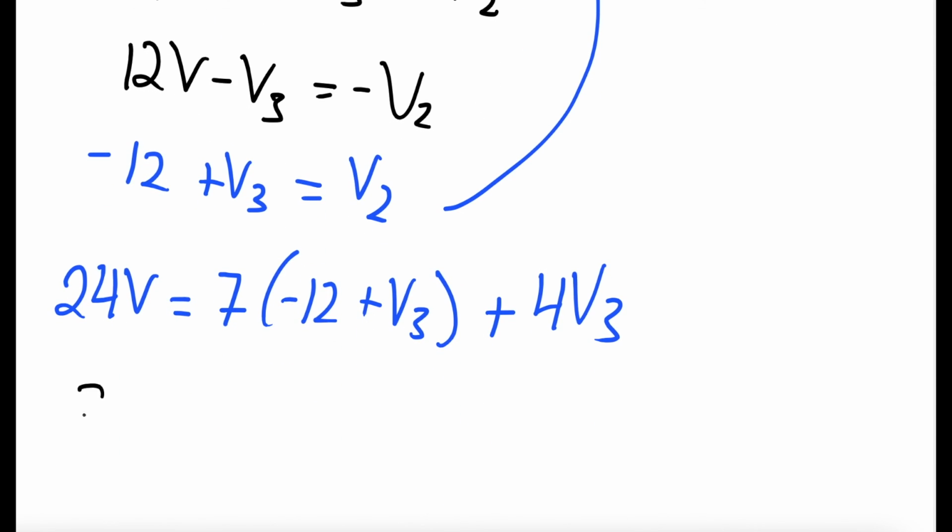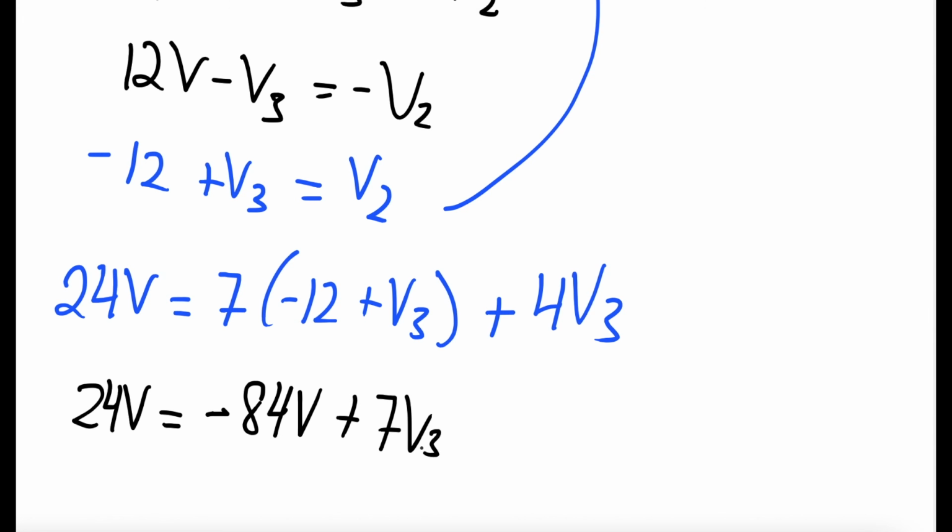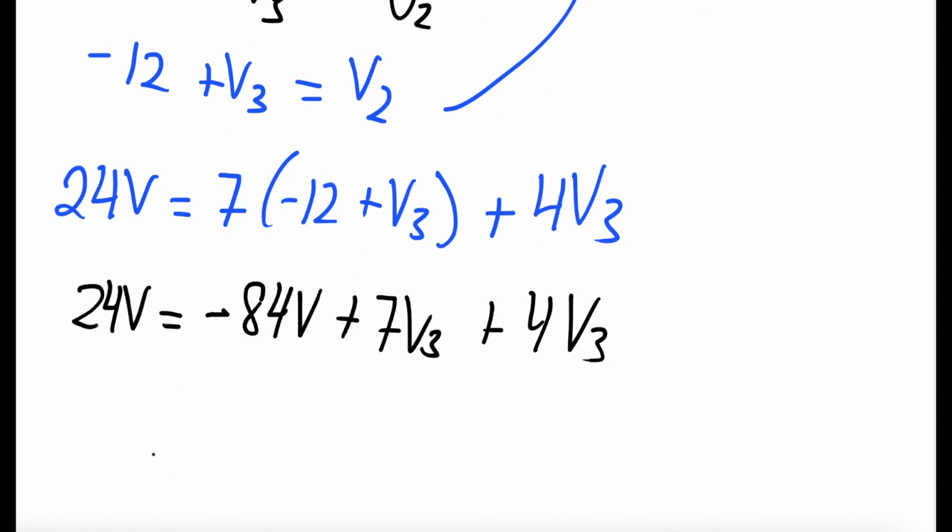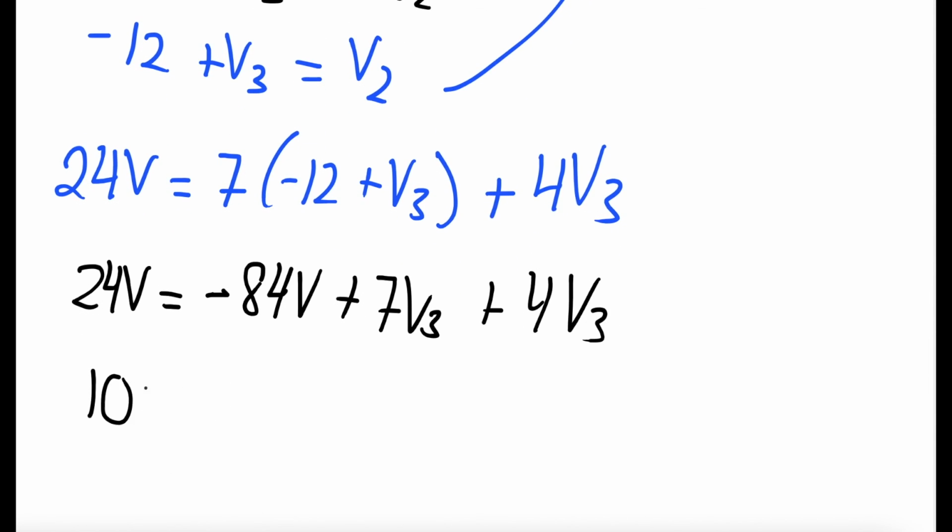So essentially we get 24 volts is equal to, what's 7 times negative 12, negative 84 volts plus 7V3 plus 4V3, and essentially what we get is 108 volts when we bring this 84 over, so it's 24 plus 84, right?